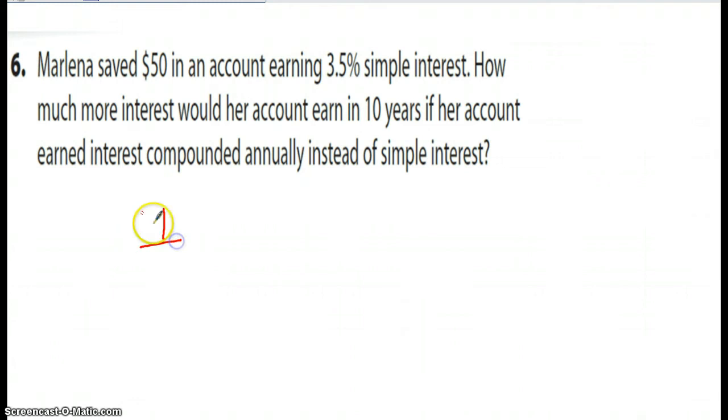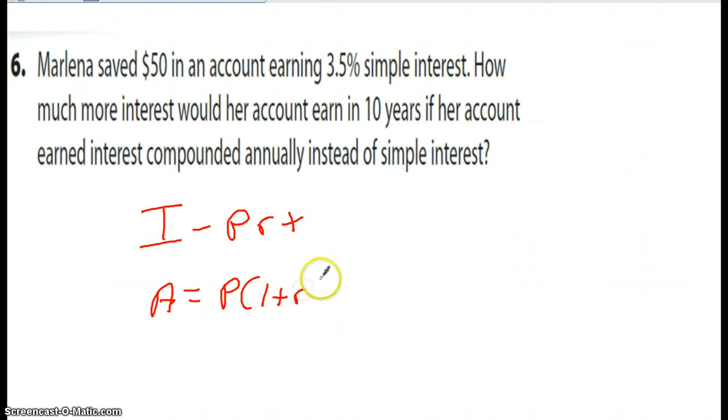You're going to use I is equal to principal times rate times time, which is simple, and then you're going to use A is equal to your principal amount times 1 plus the rate raised to the 10th power. So of course we know that this is going to be I is equal to 50.